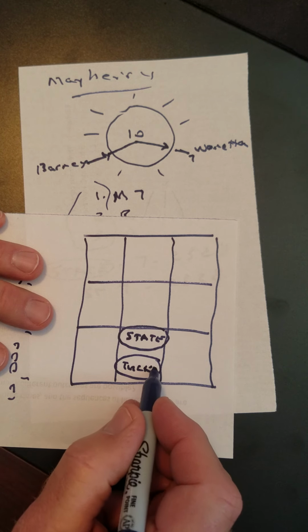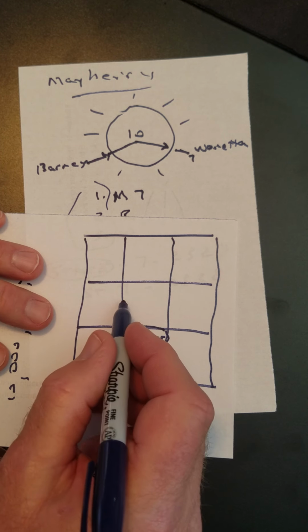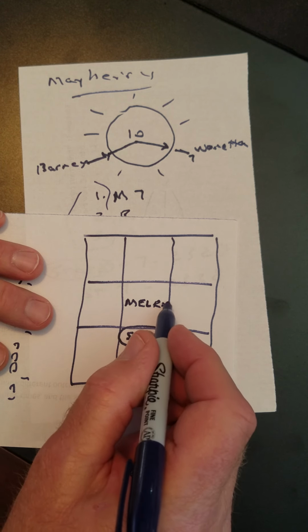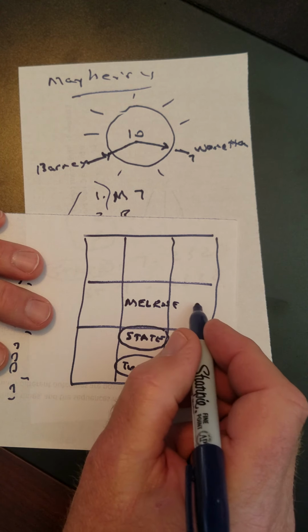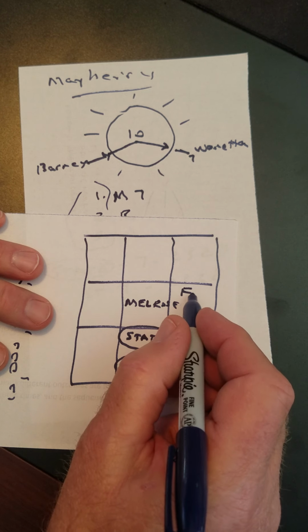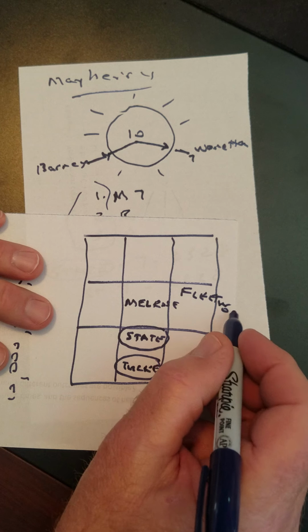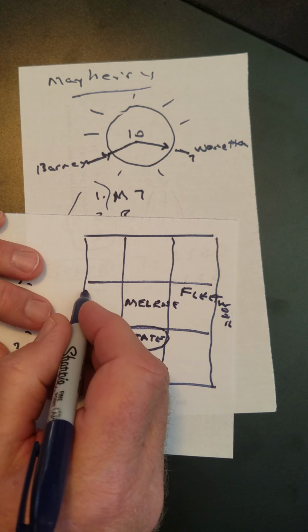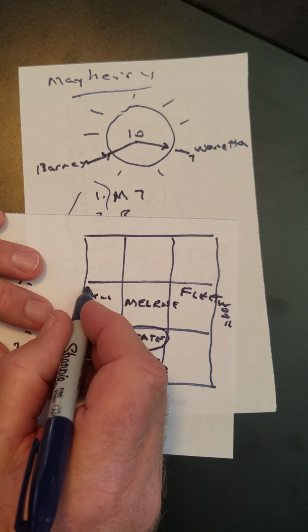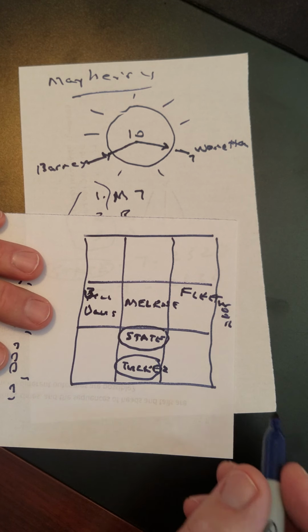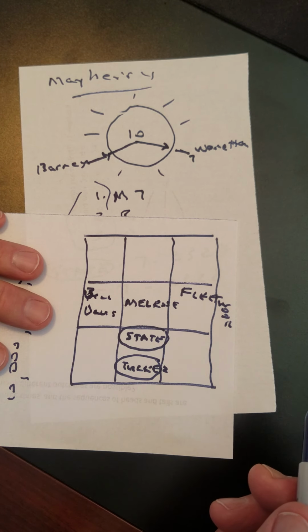I think that was the last name. If you were downtown, it was Melrose. If you came over to the east side, it was Fleetwood. And I don't remember all of them. I know over here was Ben Davis because there used to be a town of Ben Davis. So anyway, that's where they came up with those.